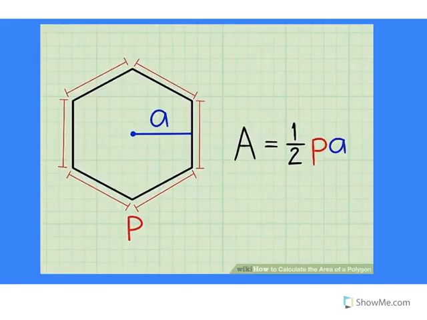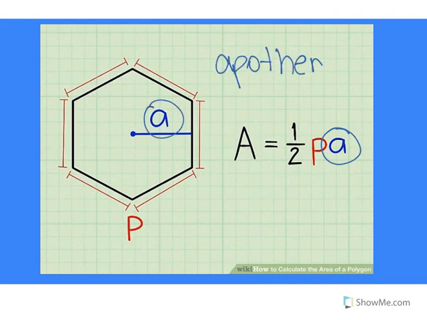Now we get to the fun apothem. This A, that's the apothem. It's not that radius looking thing. It's called the apothem. It is the radius looking thing, but it's the apothem. Notice that it goes from the center of your polygon. This is for anything over a square, so pentagons on up. Here we have a hexagon.